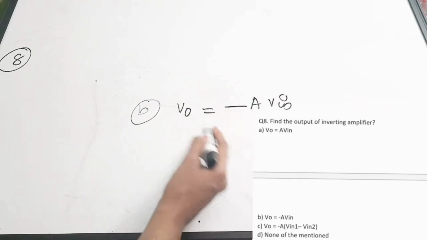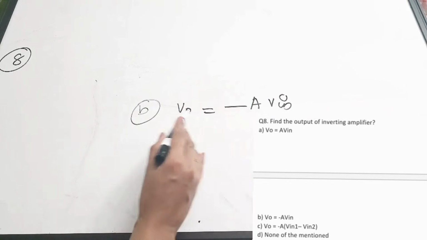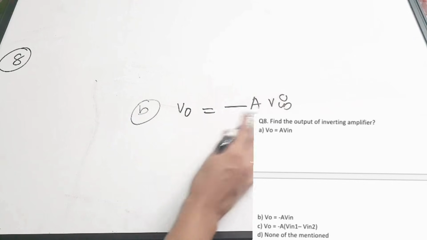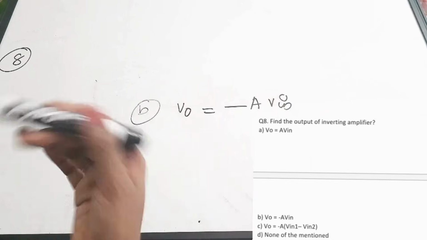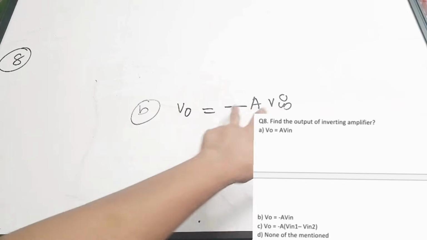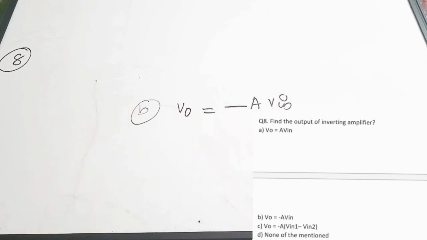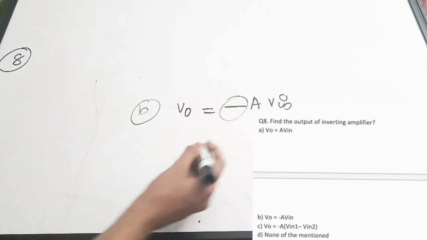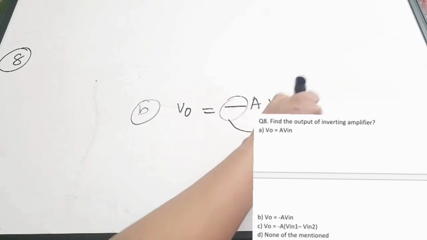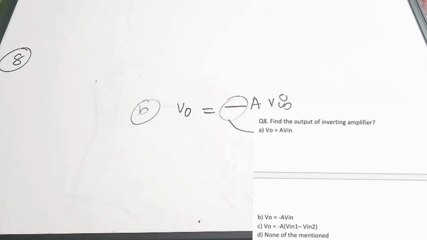If the signal is positive, then the negative sign makes sure that these two signals, V out and V in, will be 180 degrees out of phase. So this negative indicates that your output is 180 degrees out of phase with your input.